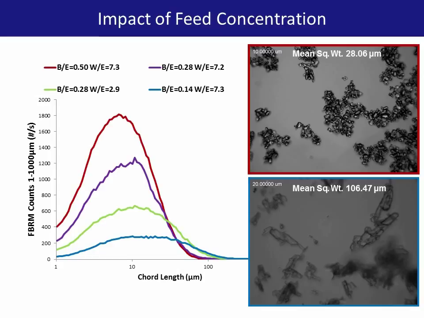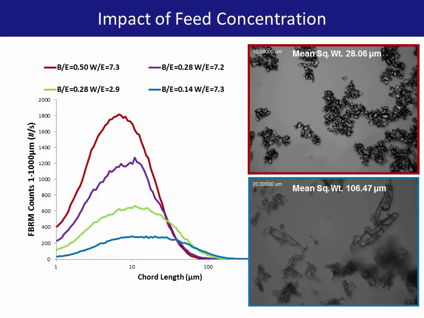This increased range of initial supersaturations results in a corresponding increase in the attainable range of product crystal sizes, with the square-weighted FBRM mean statistic shifting from 28 to 106 microns from the high to low feed concentration runs. This is perhaps illustrated more dramatically by the corresponding microscope images. However, it should be noted that organic compounds such as benzoic acid do not readily form nanoparticle distributions, and as such, increased supersaturation or feed concentration will have a diminishing effect on CSD as this limit is approached.